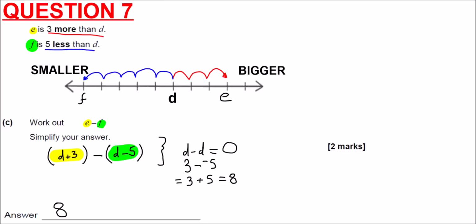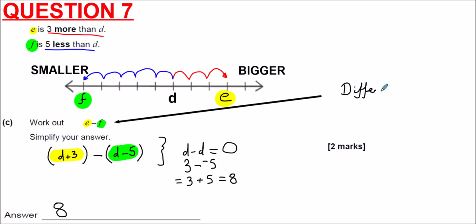The next thing is just to remember what subtraction tells you about two different numbers. If you do E take away F, subtraction tells you the difference between them. So E is the bigger number, F is the smaller number. So if you just have a look at this number line and think of it, what's the difference in between E and F? It just makes it much simpler. So just to remind you what I mean, E minus F just means the difference between E and F.